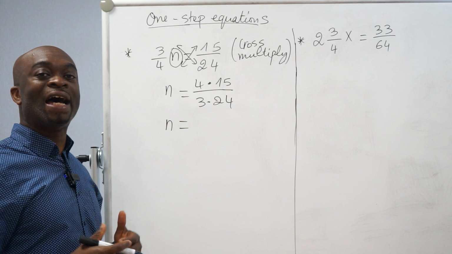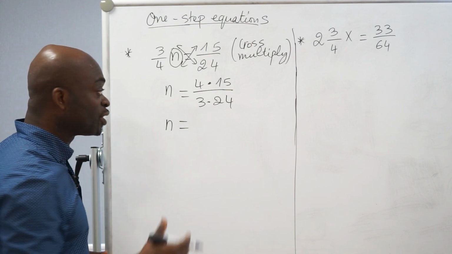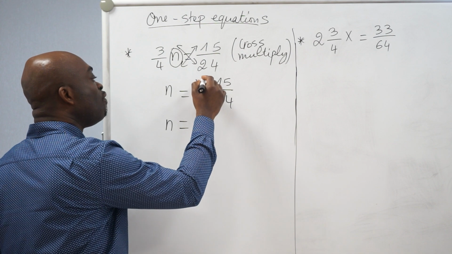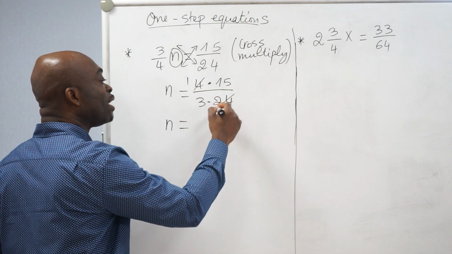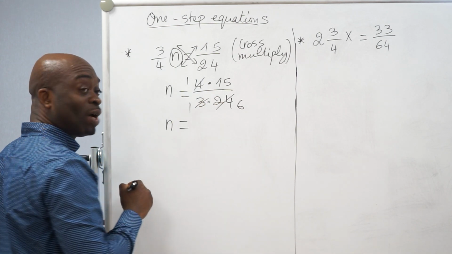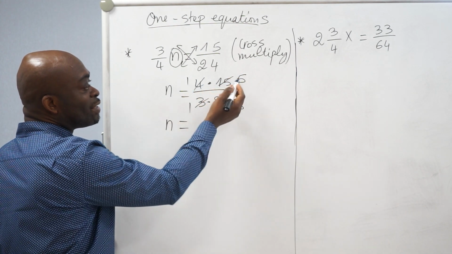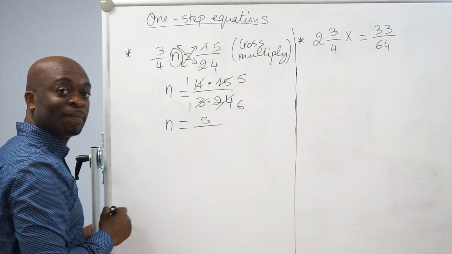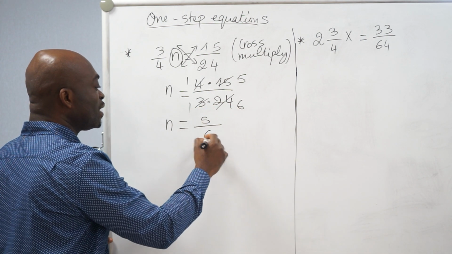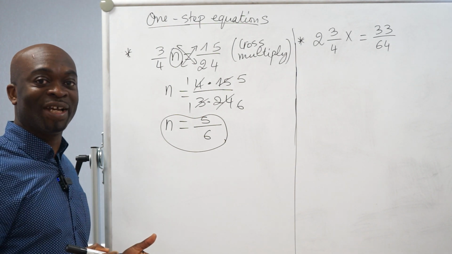But in this case, we do not need to, because we can simplify even the numbers top and bottom. 4 can go into itself 1 time, 4 can go into 24 6 times. 3 can go into itself 1 time, and 3 can go into 15 5 times. So I end up with 1 times 5 on the top, which is 5, and 1 times 6, which is 6 at the bottom. And I'm fully done with this one.